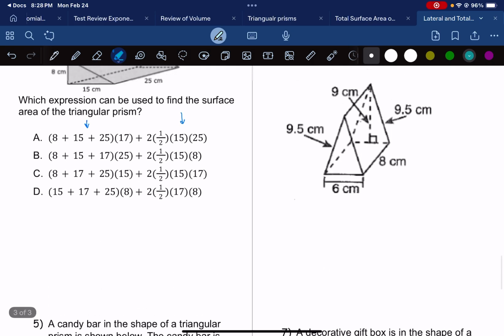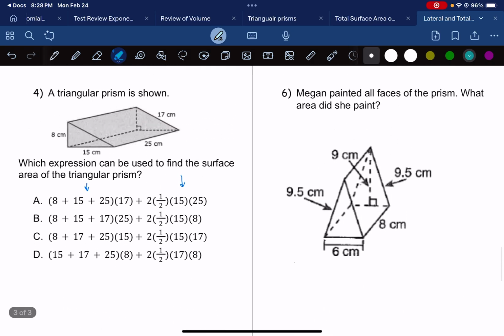Okay, number 6. Again, guys, realize that your triangle is on one end. And you're going to move this number over here. So that's going to be 9.5. Again, is it painting all surfaces so it's total?